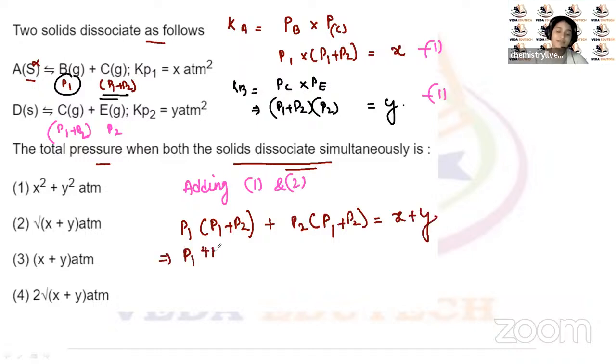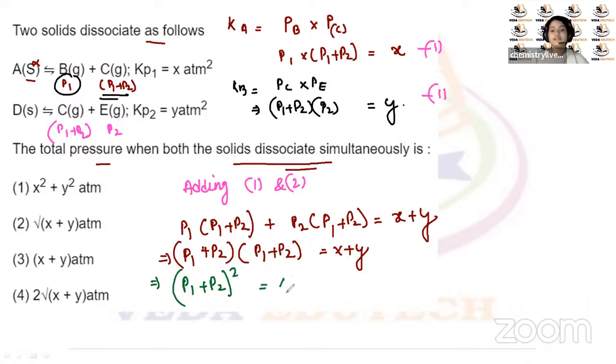If I take P1 plus P2 common, we'll have P1 plus P2 whole square is equal to x plus y, which implies that P1 plus P2 is equal to root over of x plus y.